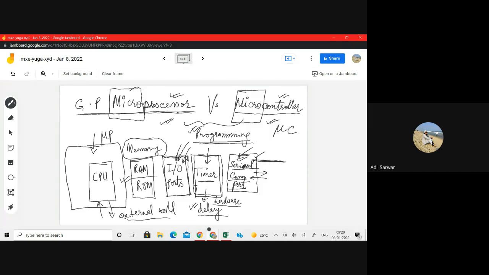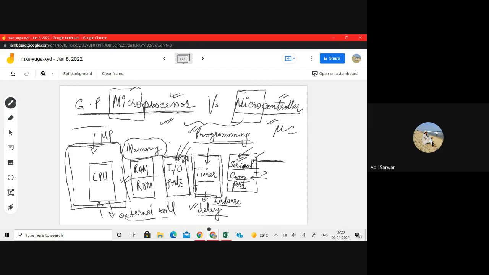So the microprocessor is this, and these are some of the peripherals, memories and ports that are connected in and around the microprocessor. These are separate chips. These are all put on one motherboard, what we call the motherboard, which you have in a computer.